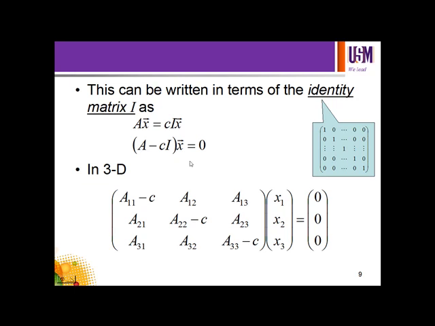So let's say we have a three-dimensional system. So basically the vectors are x1, x2, x3, while the matrix here is this.